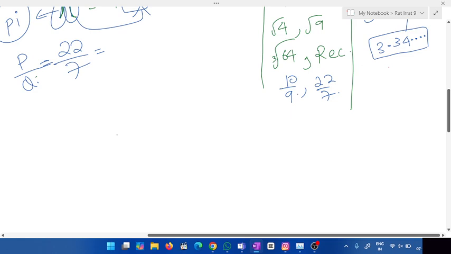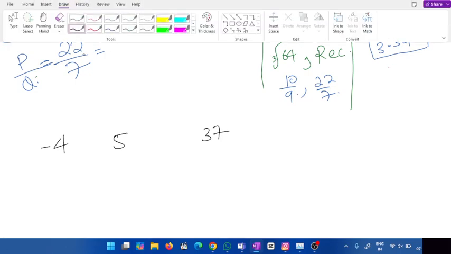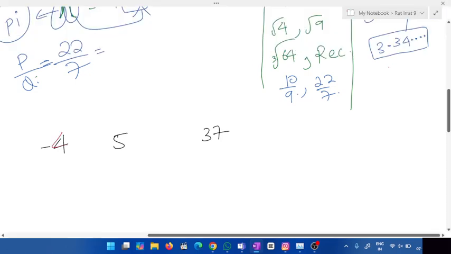All the numbers belong to rational numbers. Fraction. Let me take 5, or let me take -4, and let me take 37. What kind of number is this, -4? Whenever minus is given, integer. Forget about rational, yes, they are rational.